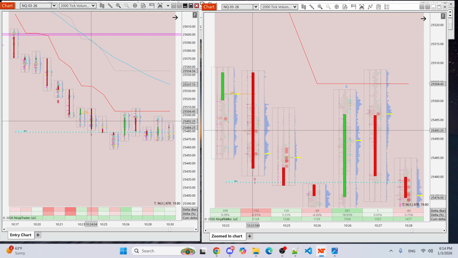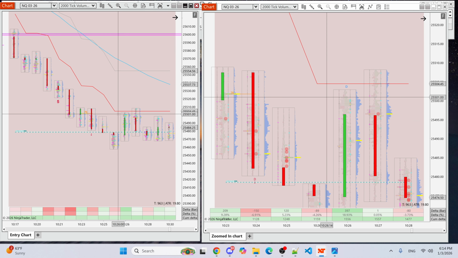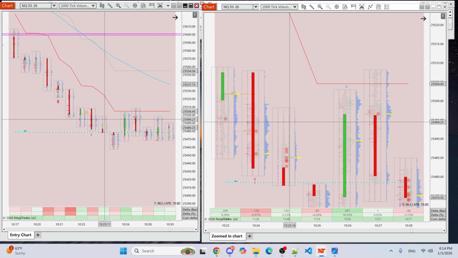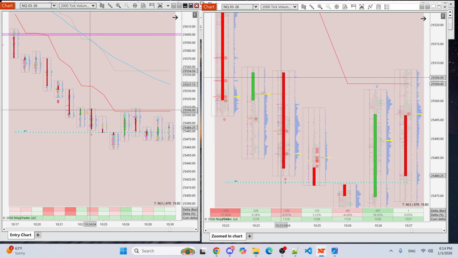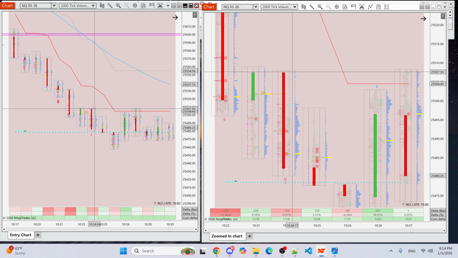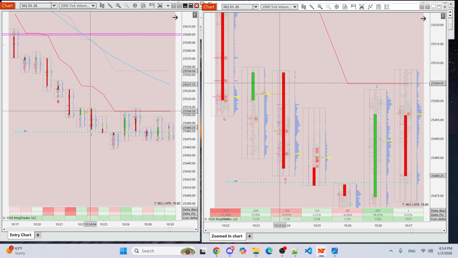So the logic for this action setup is that we have a bearish bar, and we don't have imbalances on the opposite side.